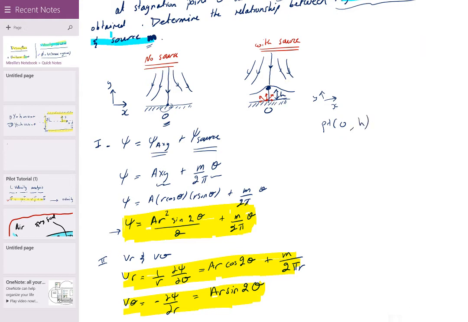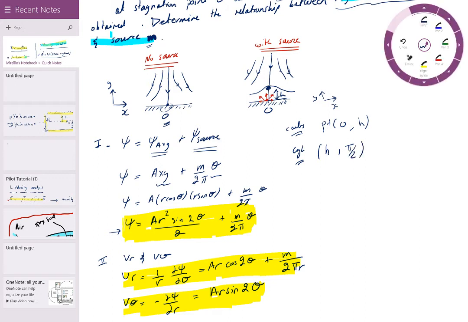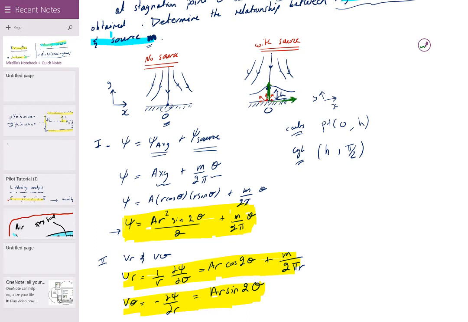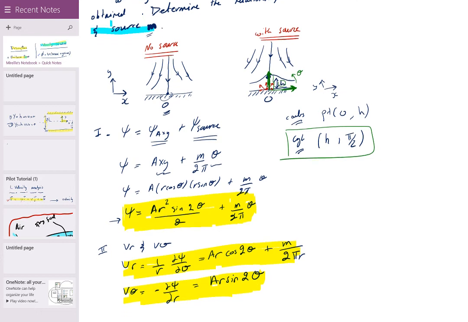If you're working in cylindrical, looking at cylindrical, your stagnation point is going to be, again, your radius r is h, and your angle theta is pi over 2. So let's do green. Imagine this, and this is theta, and this is r, so it's equal to h. So we're going to use these 2 points.